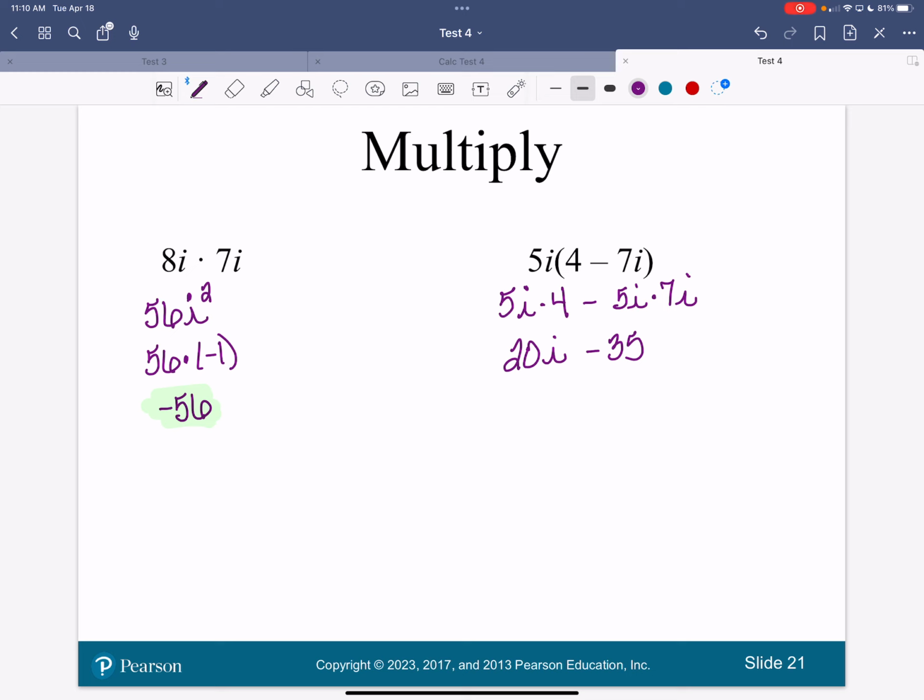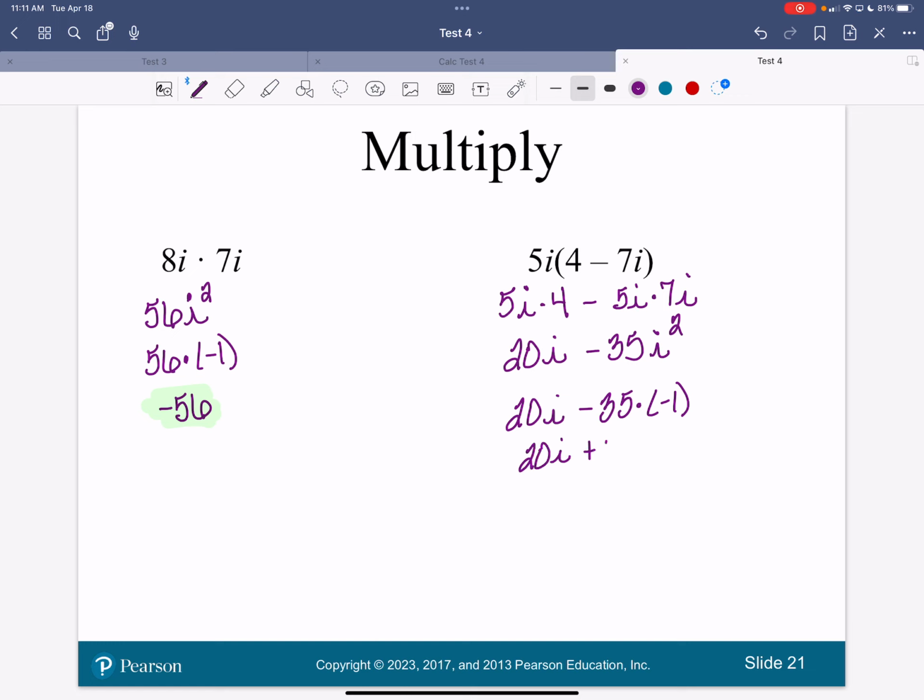And then i times i is i squared. We're going to leave that as 20i, but this i squared can become -1. So I have 20i minus 35 times -1. What's -35 times -1?